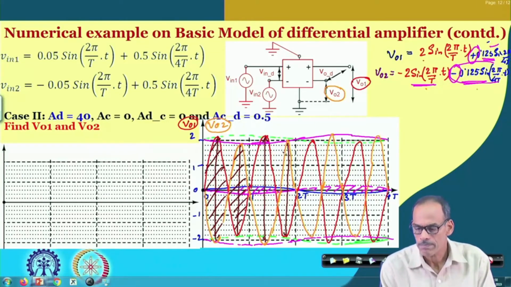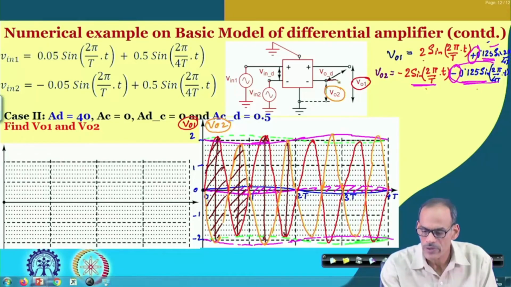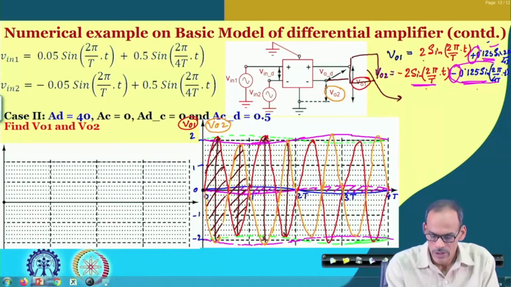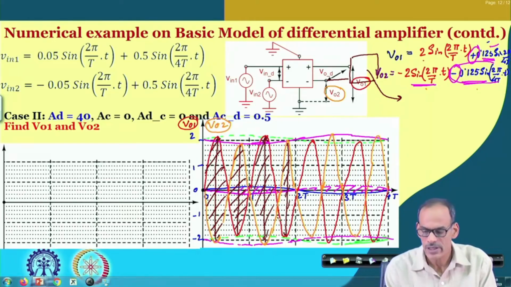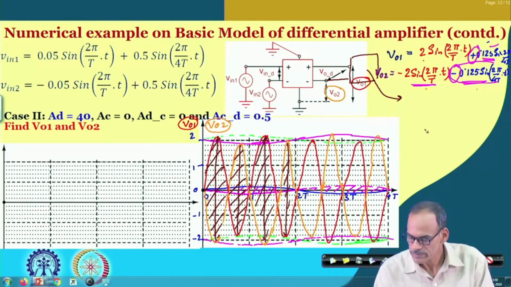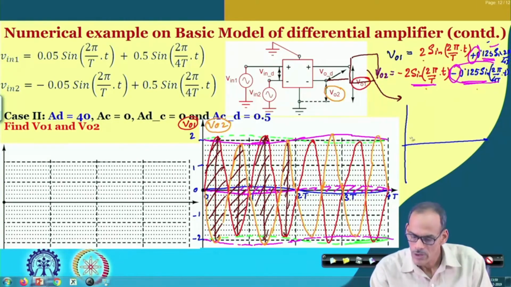If I put a differential amplifier now, it will try to amplify the shaded part. As a result, the nature of the differential signal is like this: this part has higher amplitude, and then the next part has smaller amplitude.